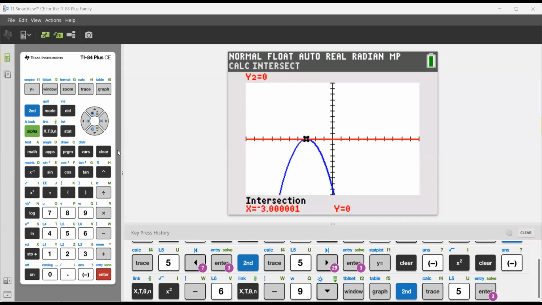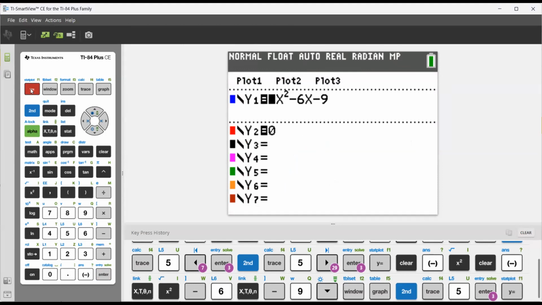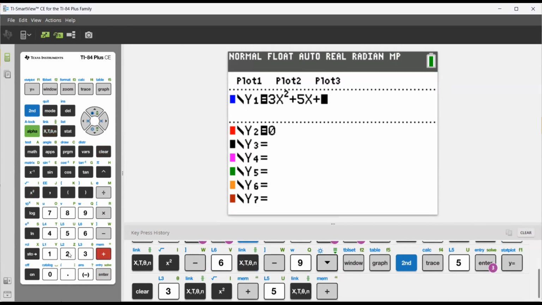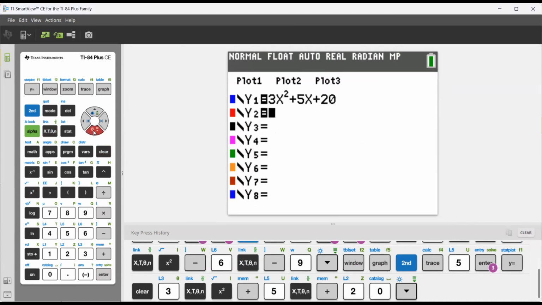So I go to y equals, and then I have to erase all this. What was the function again? It's 3x squared plus 5x plus 20 equals 0. So my y2 is going to be my 0.